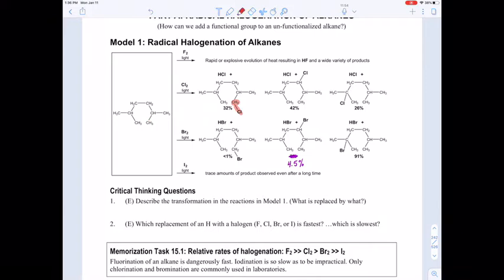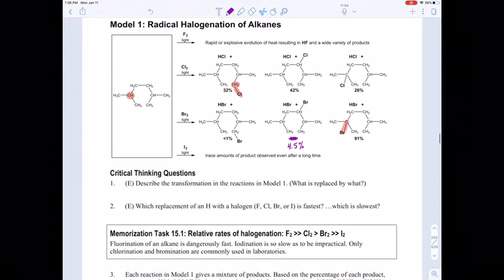How about on the third one, we have a CH on that carbon. Here, that H is replaced with a bromine. So an H is replaced with Cl or Br.